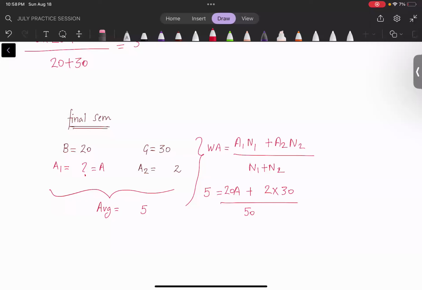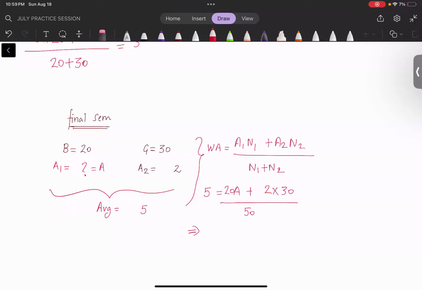Once you solve this, what A value will you get? Carefully answer.